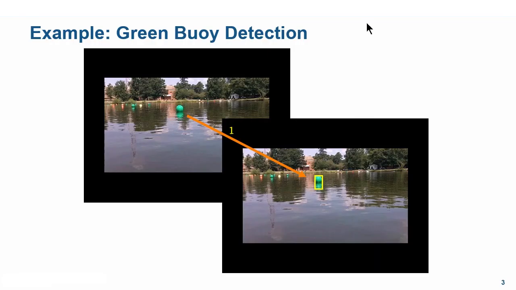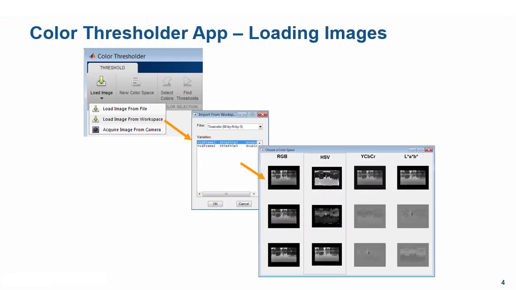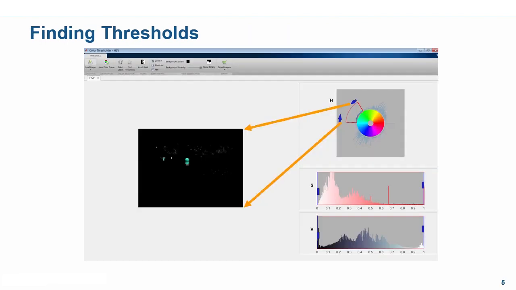Let's go back to the presentation and do a recap. As a first step to do color-based object detection, we used the Color Thresholder app to load a sample image and converted it to a color space of our choice, in this case HSV. Then we used the H and S controls to isolate the green buoys.